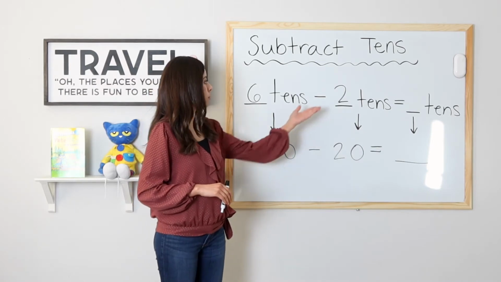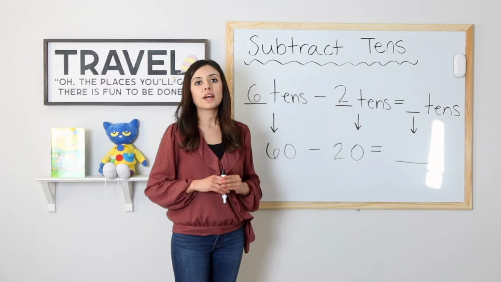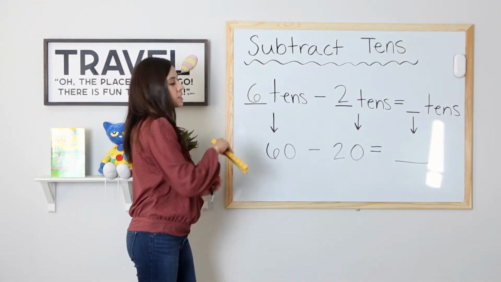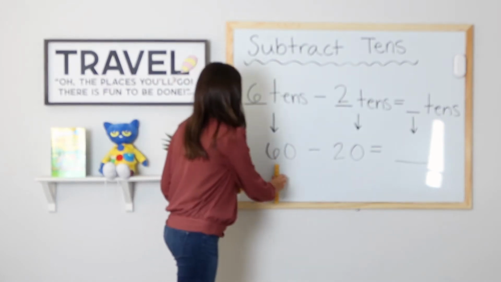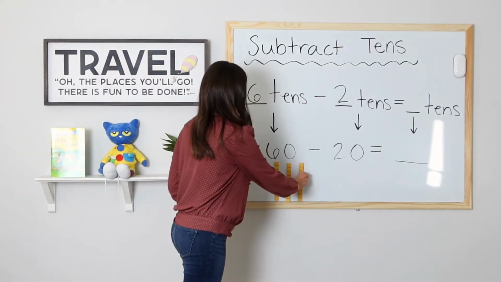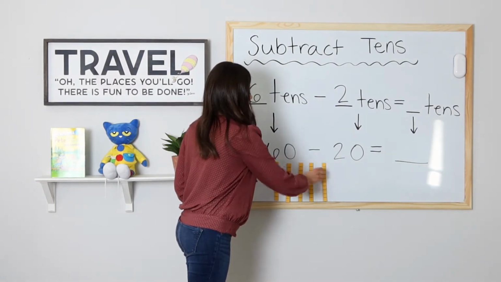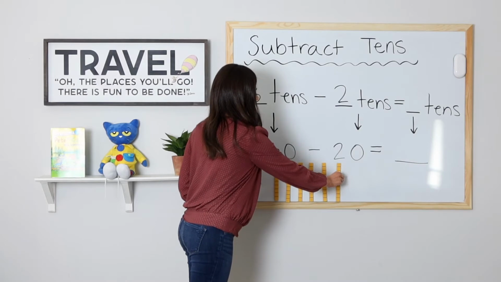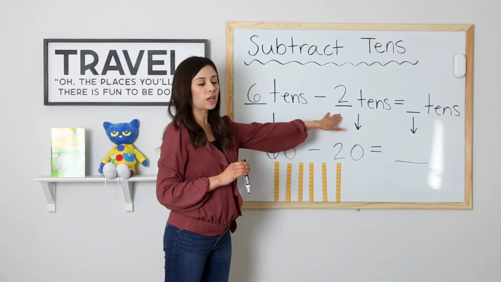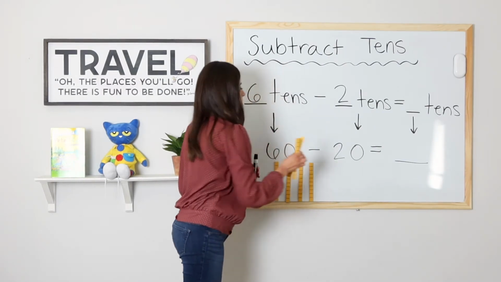Example number 2. 6 tens minus 2 tens equals how many tens? Well, let's hold up 6 tens. Ready? 1 ten, 2 tens, 3 tens, 4 tens, 5 tens, 6 tens. We will take away 2 tens. Ready? 1, 2.